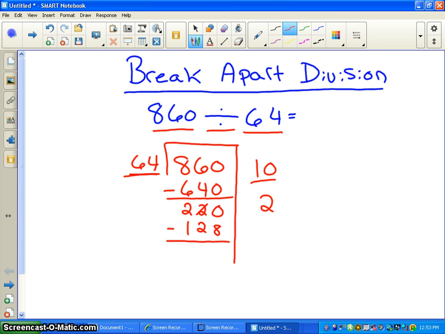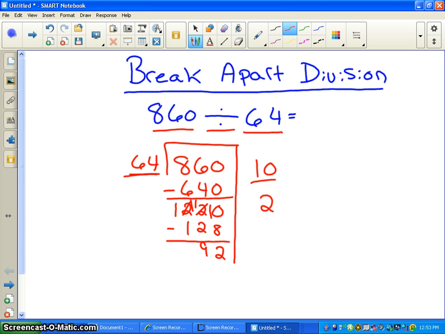So I can borrow here, make that a 1. 10 minus 8, 2. Well, now that I've borrowed, I have a 1 here instead of a 2. So 1 minus 2, that doesn't work. That means I need to borrow from over here. Make that a 1. Now this becomes an 11. 11 minus 2 is 9. I know that 1 minus 1 equals 0. So I know I'm left with 92.